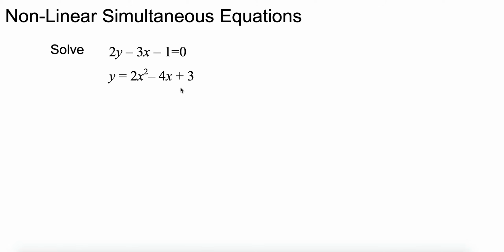Now, usually, in most cases, you will have x raised to the power and y is the normal one. So the steps you're going to do for every nonlinear simultaneous equation are typically the same, assuming that x is the one raised to the power and y is the other variable.